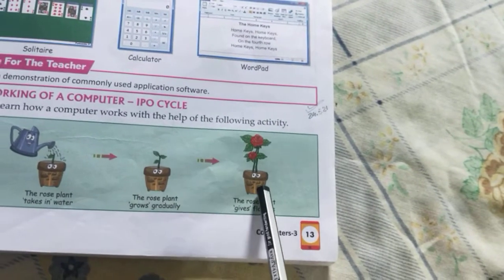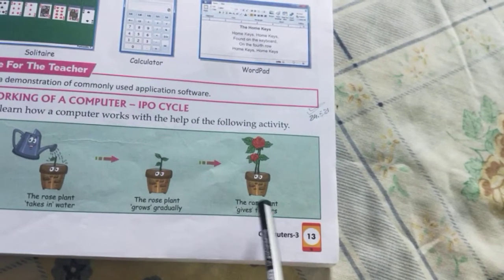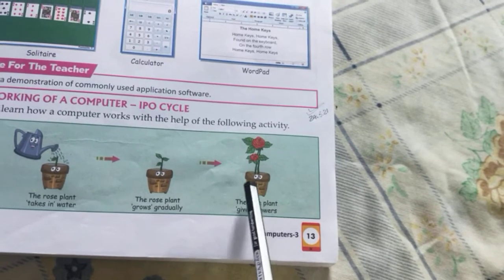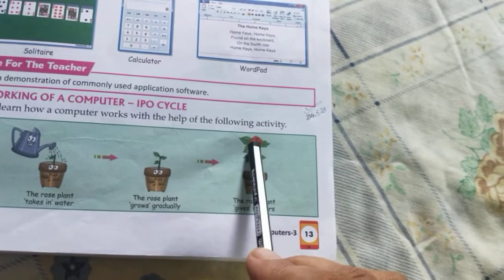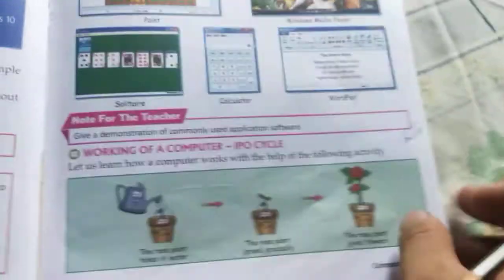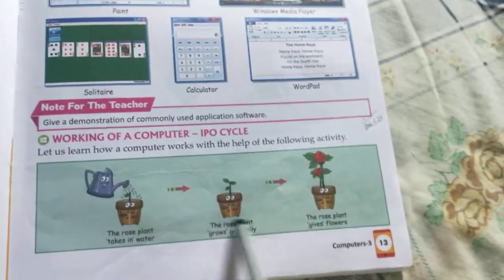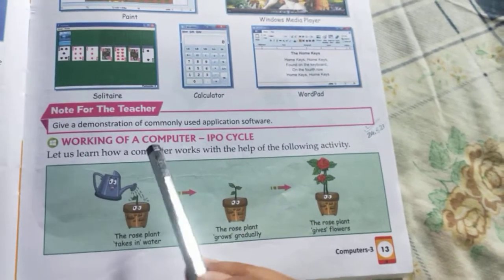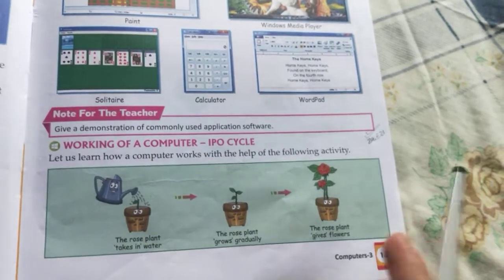In the last picture the rose plant gives flowers. So how can this activity explain the working of a computer? We will learn about it on the next page.